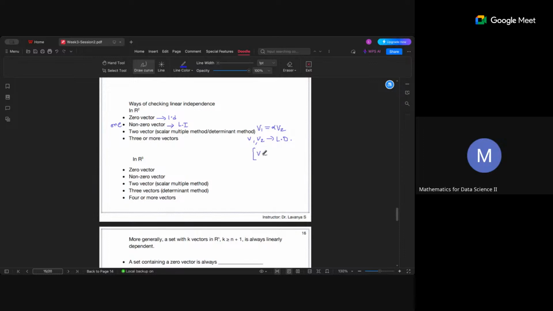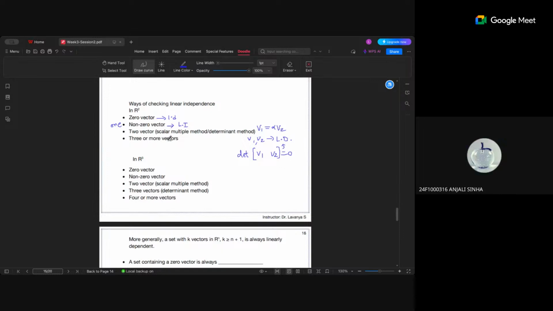Now suppose you have them in this form as a matrix, and if you find the determinant to be 0, then again it is linearly dependent. So all this is for linear dependence. The same opposite conditions will give you linear independence. So for two vectors, how to check linear independence, is that clear?